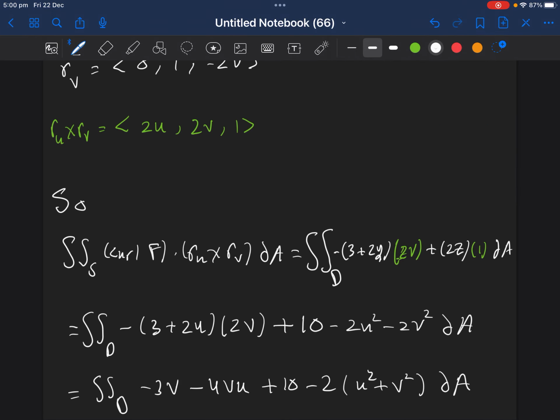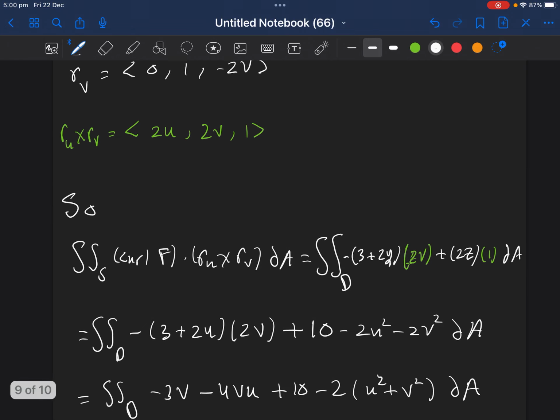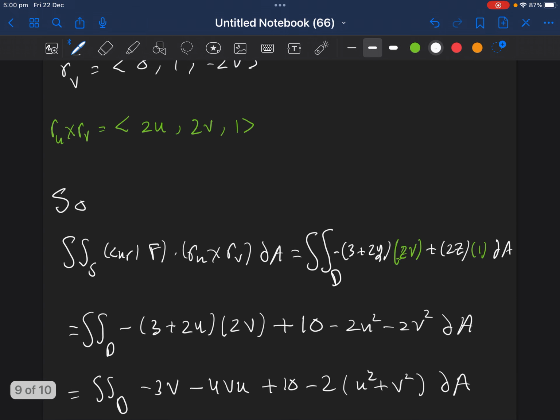I think the mistake is it would be 10 minus 2u squared minus 2v squared. Plus 10.